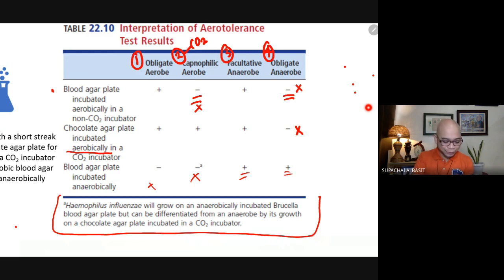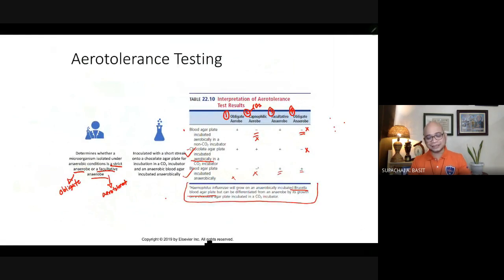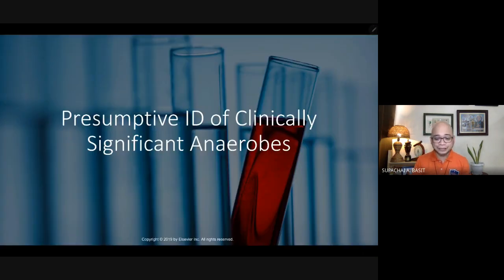It will grow here, and at the same time it will grow here, but you have to use, instead of chocolate agar, a Brucella blood agar plate. Okay, so this is how we do the aerotolerance test. I hope that's clear.